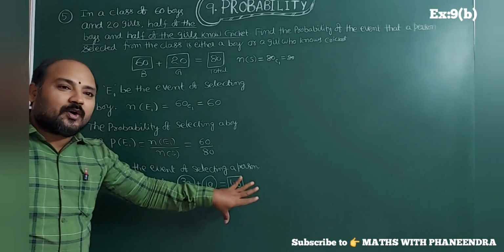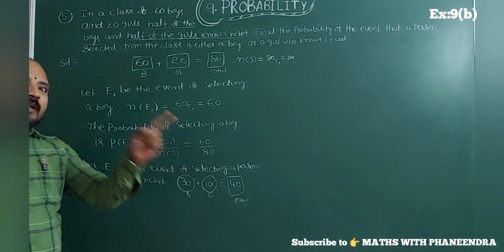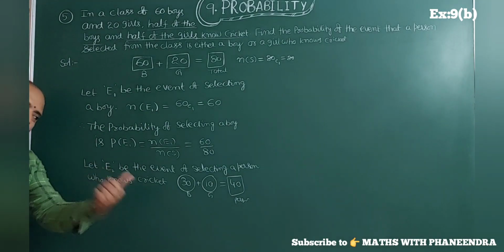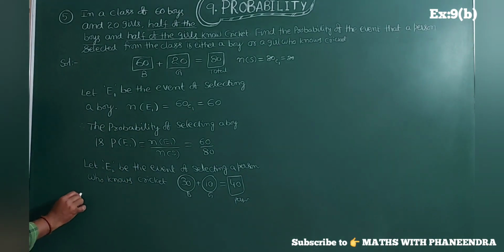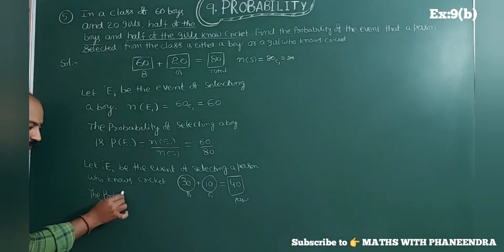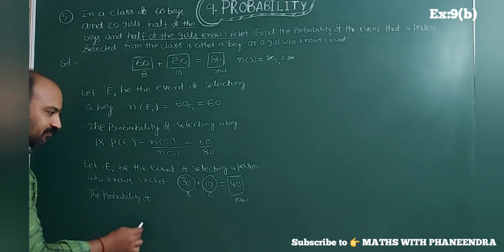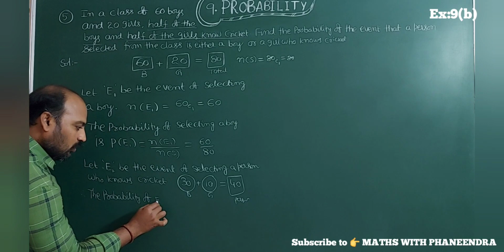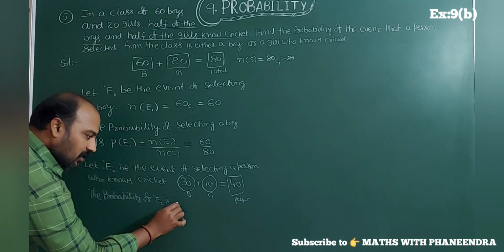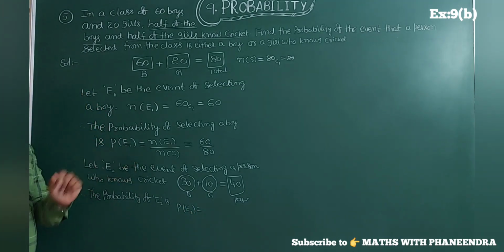So from this 40, you can select one person, the probability of E2 will come. Therefore, the probability of E2, I already mentioned here, P of E2 is equal to, before that N of E2 we need to calculate, no?